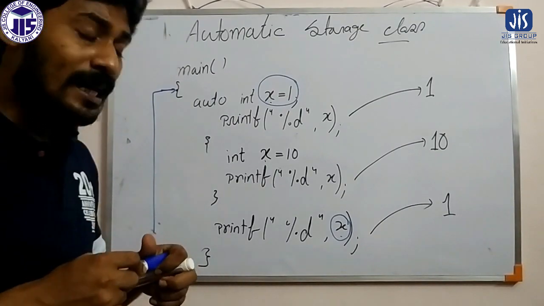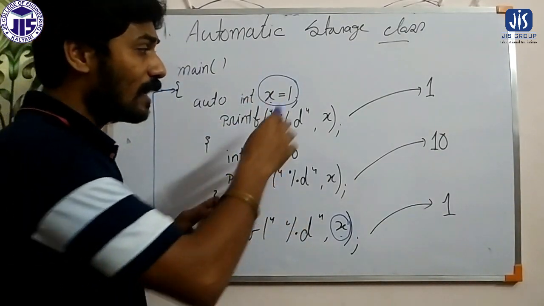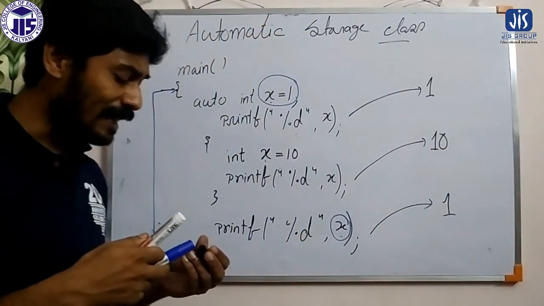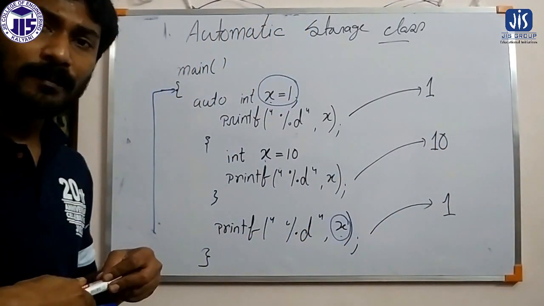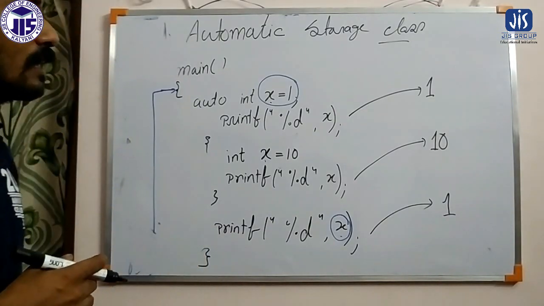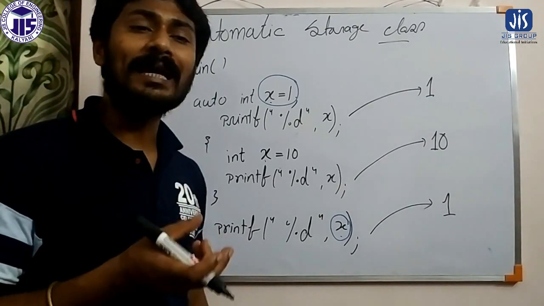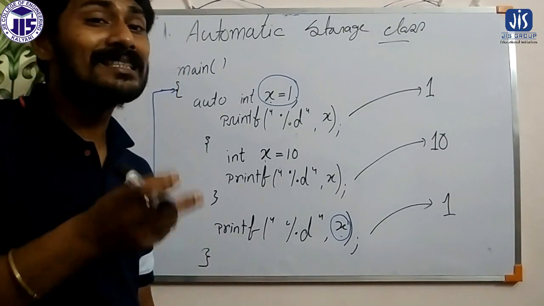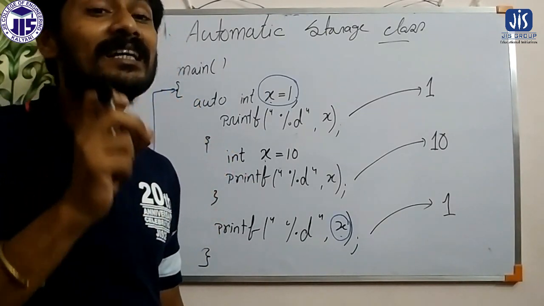So what is basically happening in this program, why are we getting 1 here and 10 here? It is saying that if we declare a variable as an automatic variable, or automatic storage class, then the scope of the variable will be only inside the block where we have declared it.